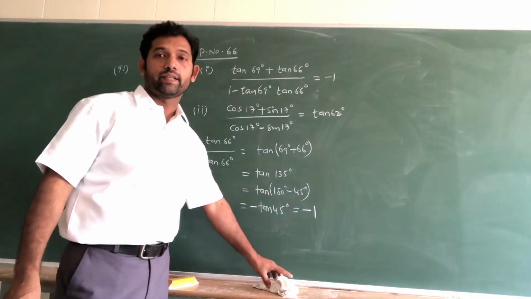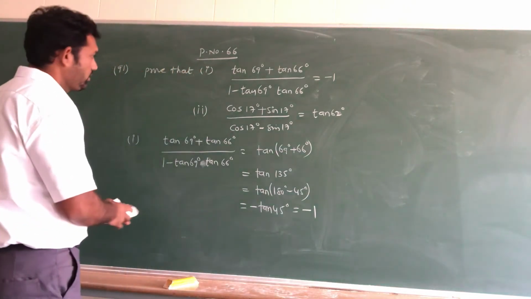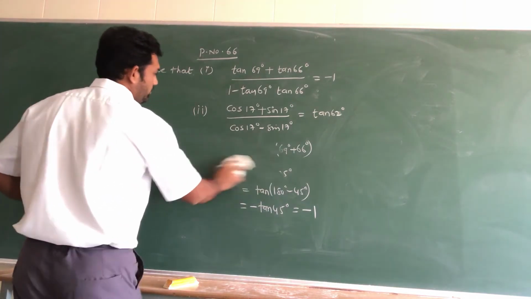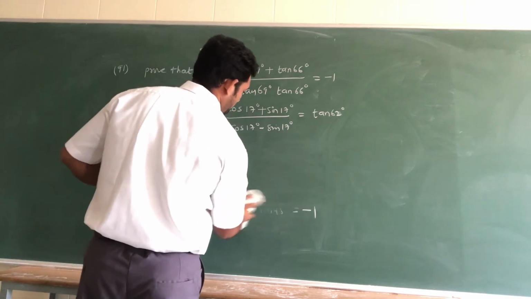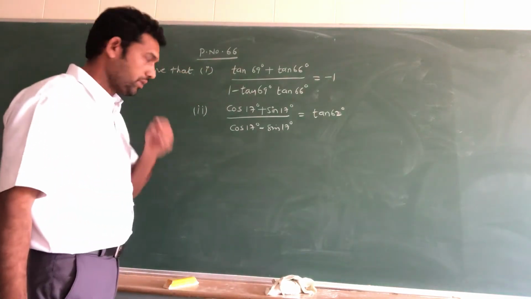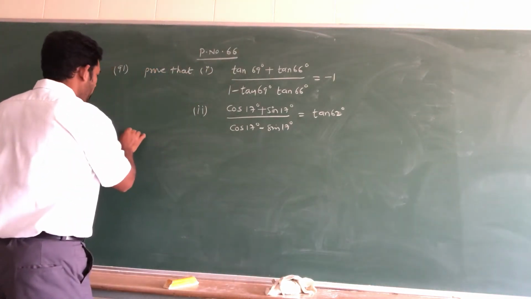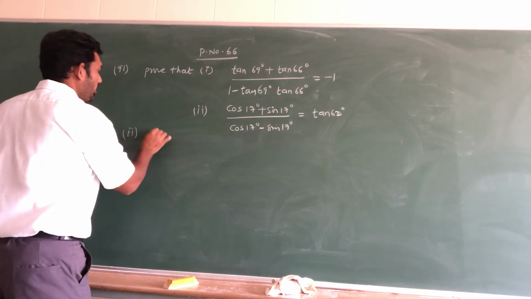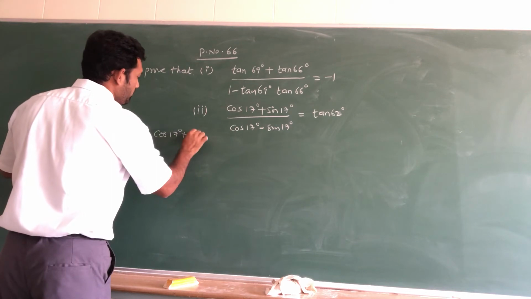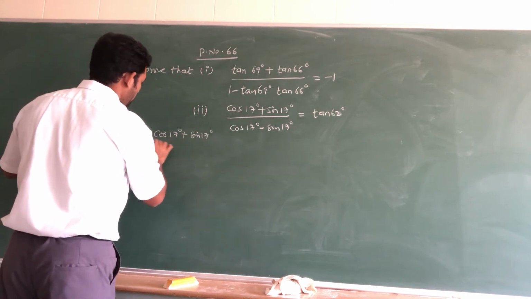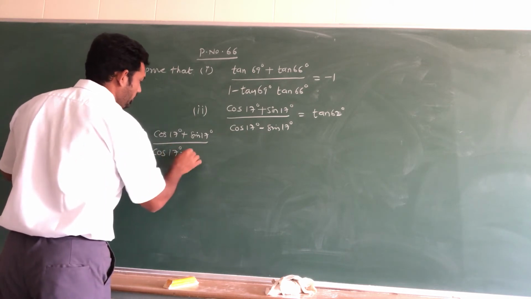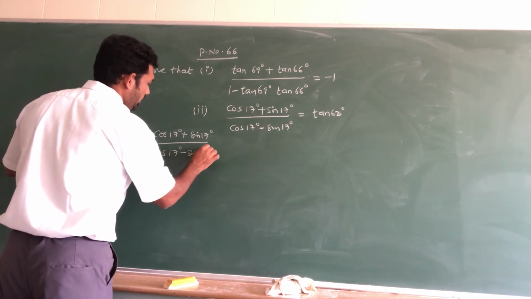Next, see the second one: cos 17 degrees plus sin 17 degrees divided by cos 17 degrees minus sin 17 degrees.